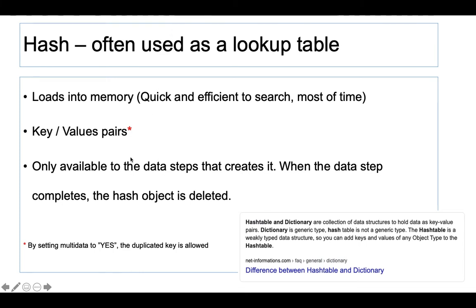And then the third part is that the hash is only available to the data step that creates it. So you really have to create a hash within the data step. Once you finish creating and using it, the hash will be garbage collected, which is basically the same as deleted.